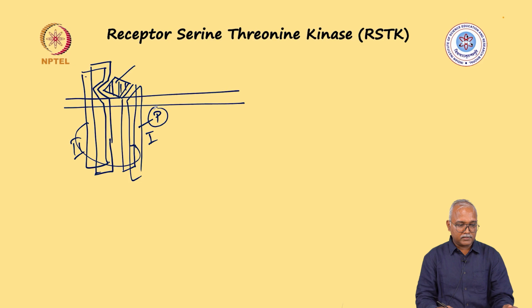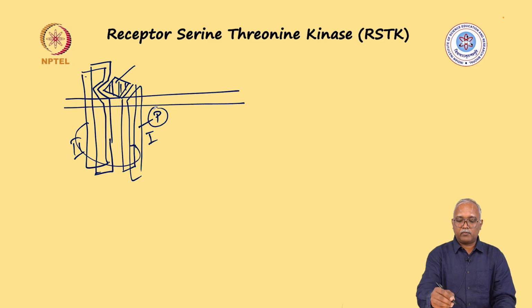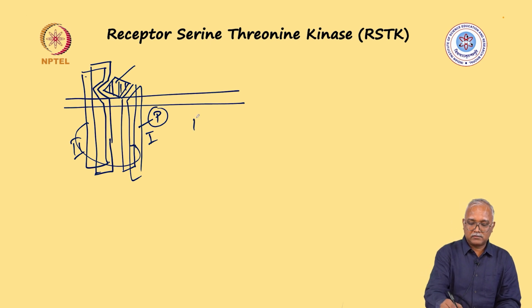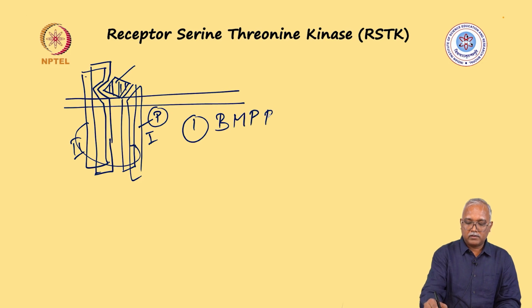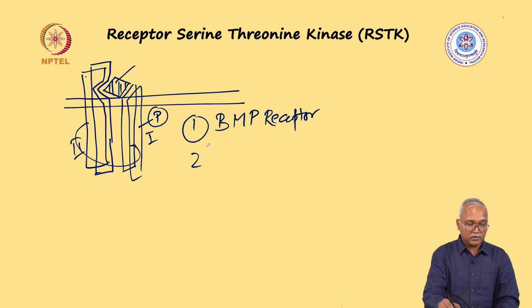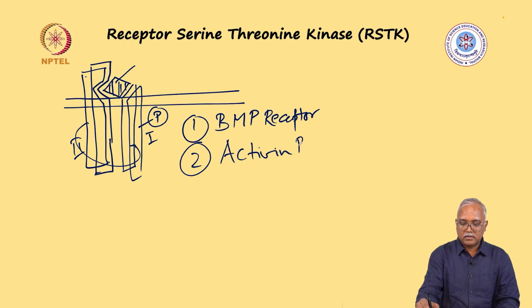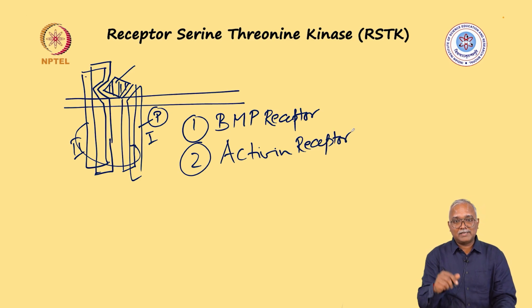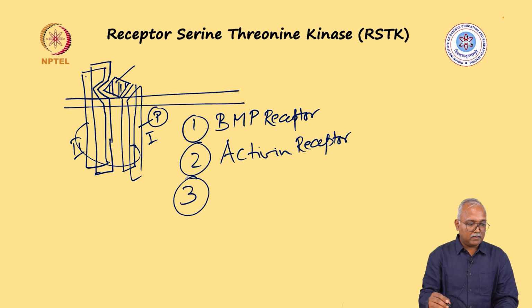So the known receptors which are there in this family, we can broadly classify them. There is one class which is called bone morphogenetic protein receptor. Then there is another molecule which is called activin type. We will see how this receptor plays a very important role in mediating various aspects of immune signaling. Then there is an example of TGF beta.